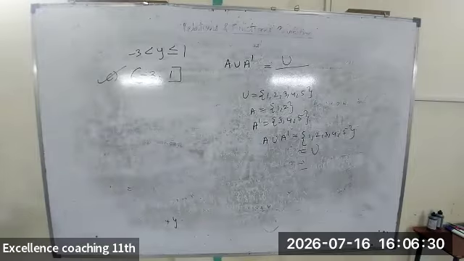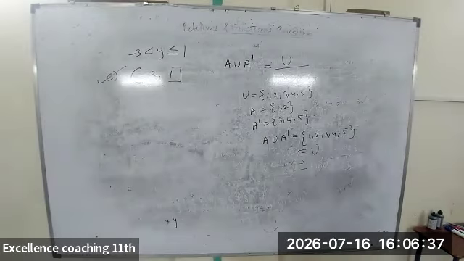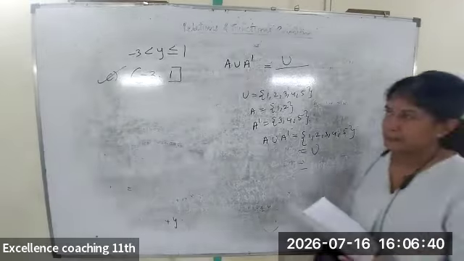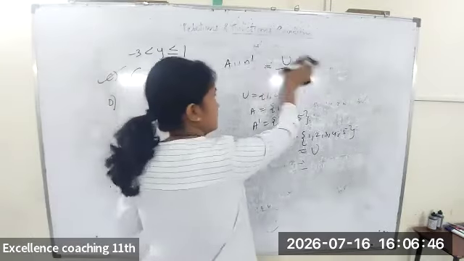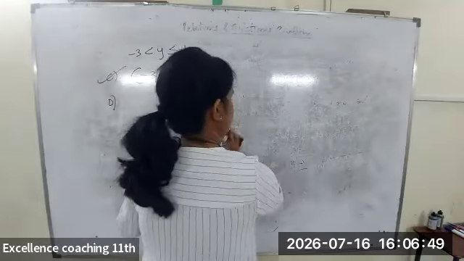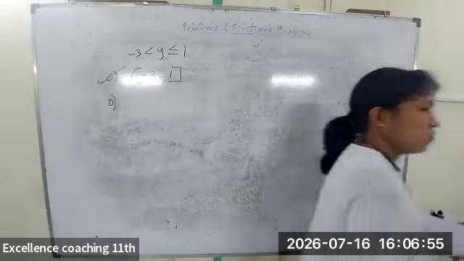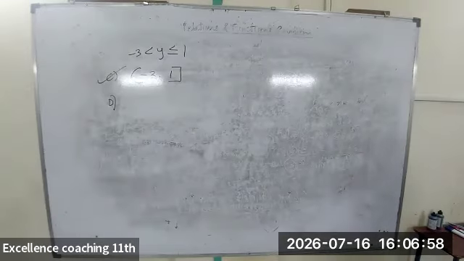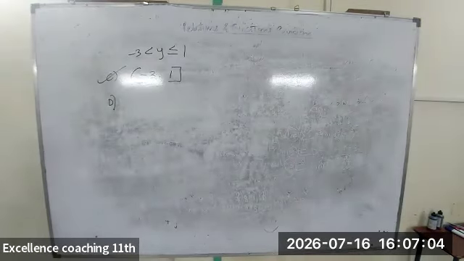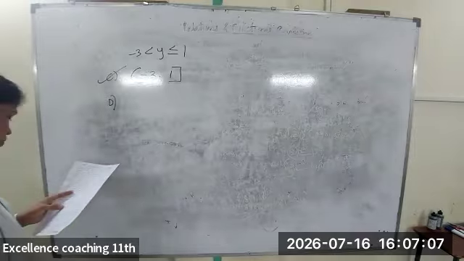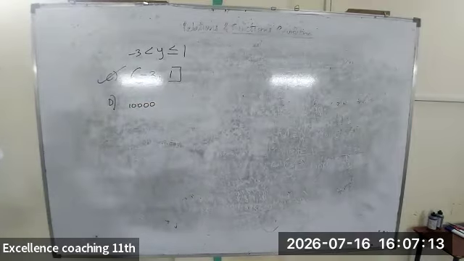Now the sixth one, do that first. In a group of 1,000 people, each speaks either Hindi or Konkani.